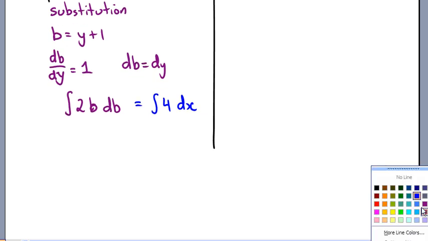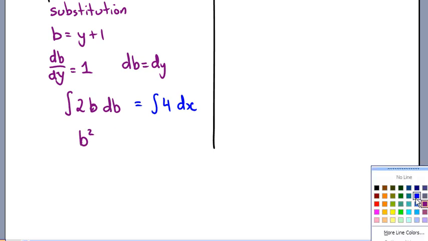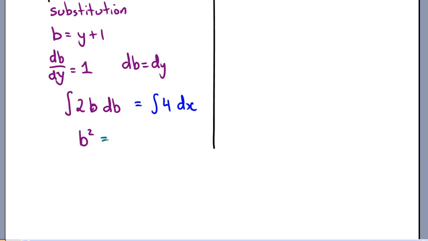Okay, well, the integral of 2b would just be b squared. And the integral of 4 would be 4x plus a constant. But remember, the b was actually y plus 1. So right now you've got this.